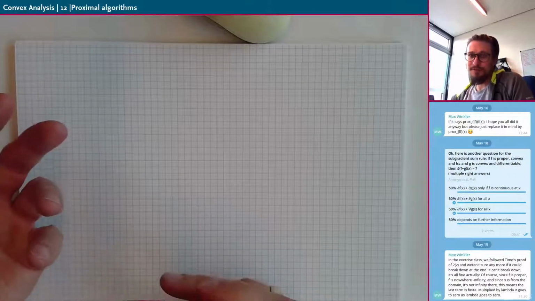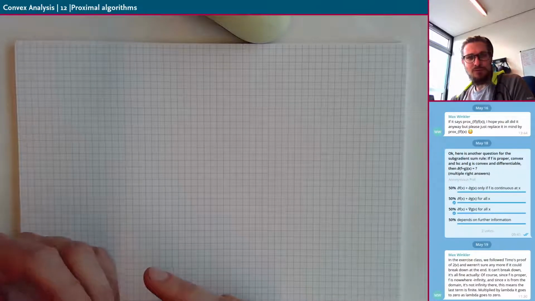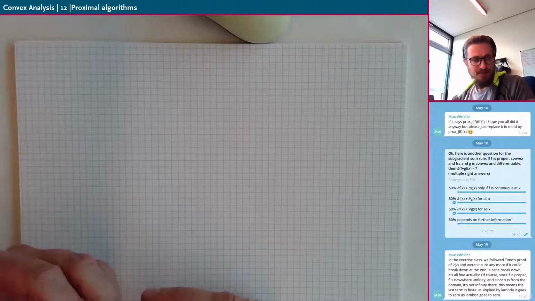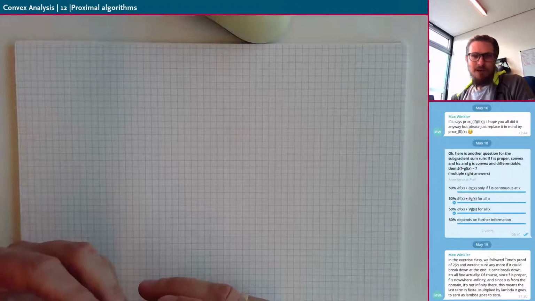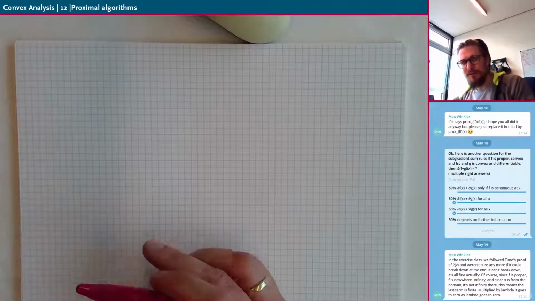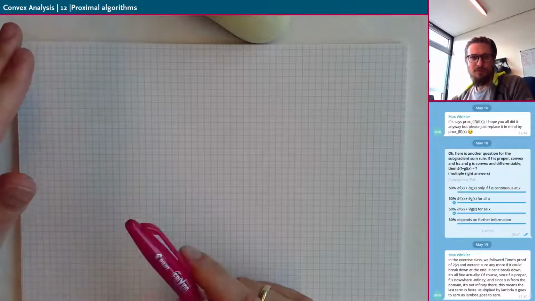One of the nicest properties is that it works if you choose the step sizes properly. One way is to choose them non-summable but square-summable, like 1 over k. But the bad news is that it's not even a descent method. The function values may jump up and down, but finally they converge.